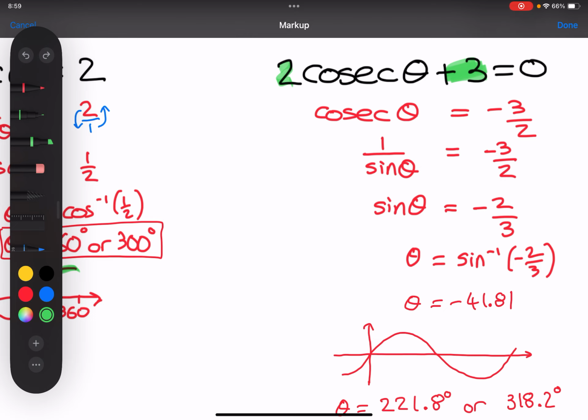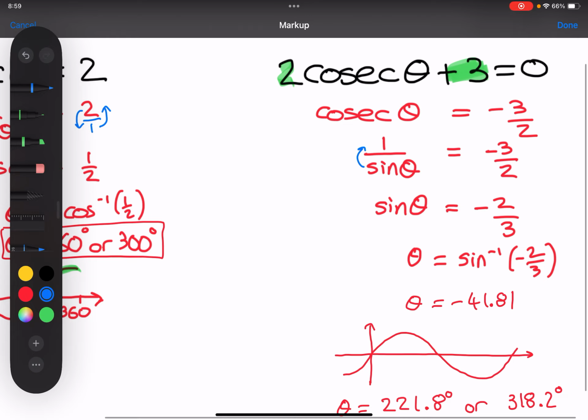Now in the last video we learned that cosec is the same thing as 1 over sine. So I've replaced that on the left hand side. I now want to make sine the subject, so I'm going to do the reciprocal on the left hand side and the reciprocal on the right hand side. So I find that sine theta is equal to minus 2/3.